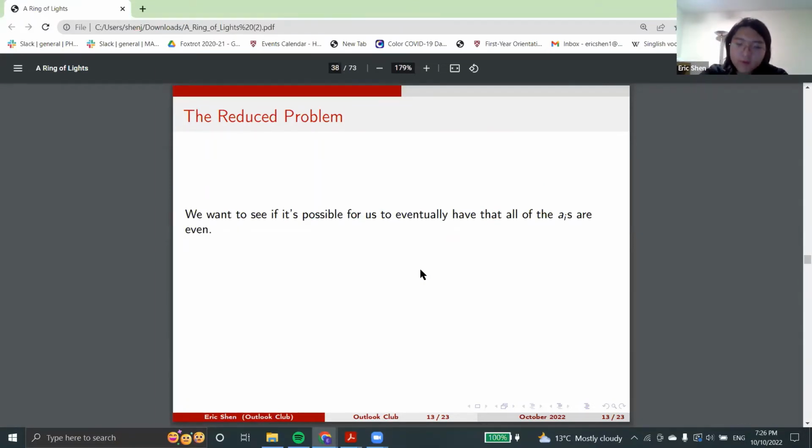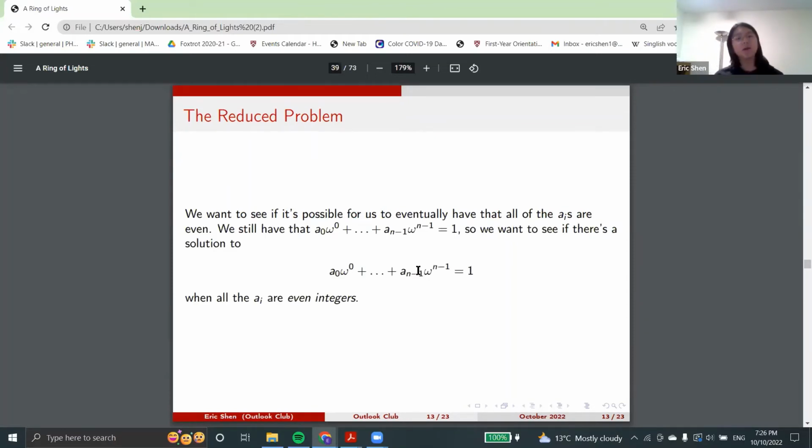What we know from our invariant is that the sum of the AJ times omega to the j's is equal to 1. So we want to see if there's a solution to this equation where the invariant is equal to 1 and the AJs are all even integers. If there is a solution, we're not yet done, because we still have to see if there's some way that we can get to this state of the AJs using only our polygon operations.